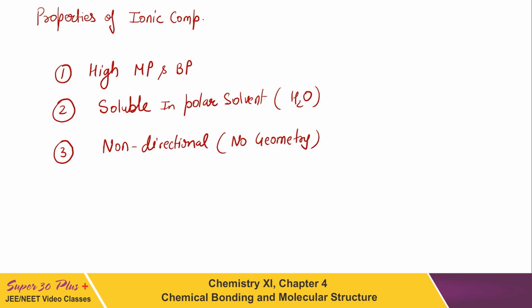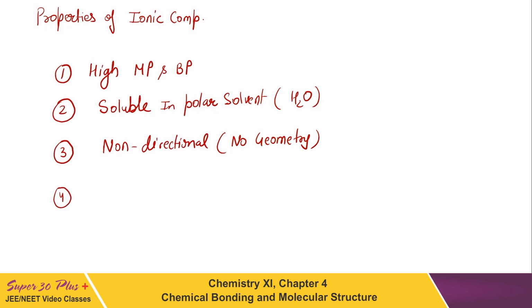In the coming few classes you shall see that covalent compounds do have geometry. Sometimes it is tetrahedral, or square planar, or trigonal bipyramidal, or whatever. There are so many different shapes and geometries. Covalent compounds have shape and geometry as they form bonds in a certain direction. But the ionic compound bond is completely non-directional, so there is no shape, no geometry for ionic compounds.